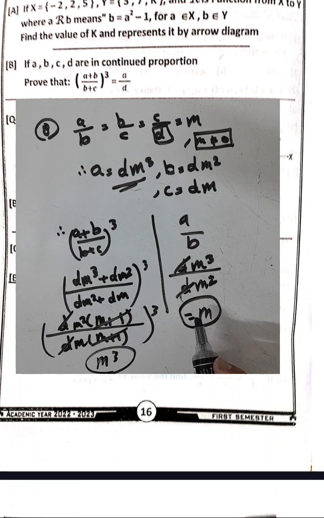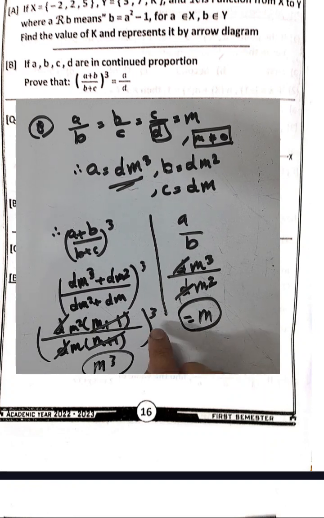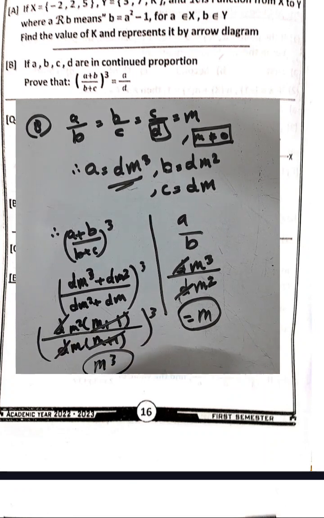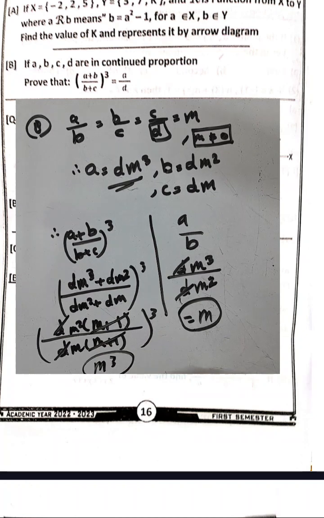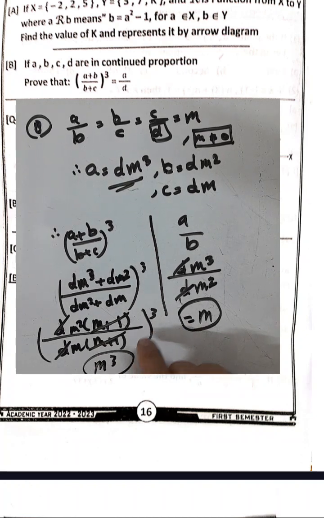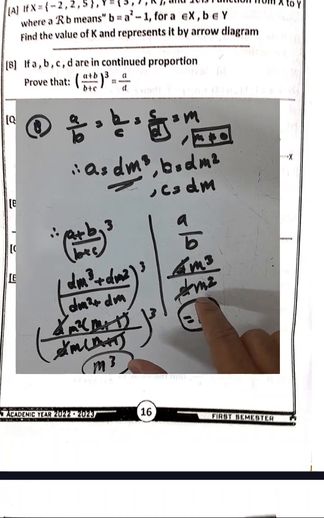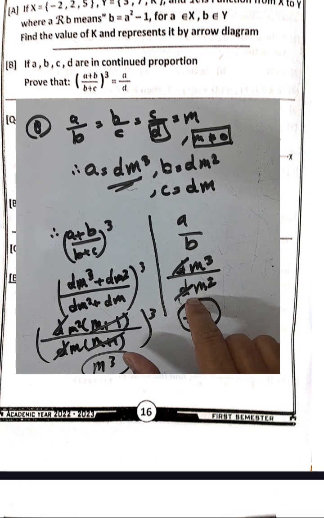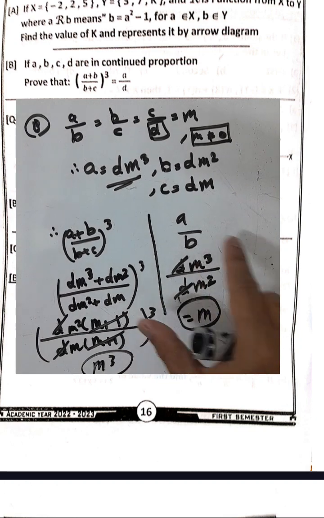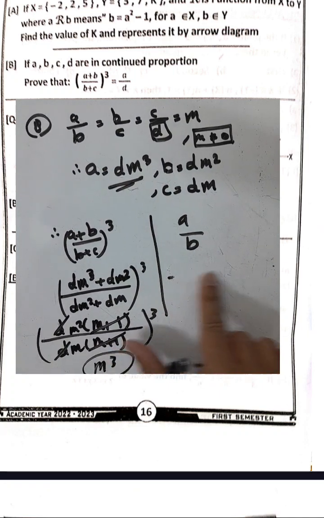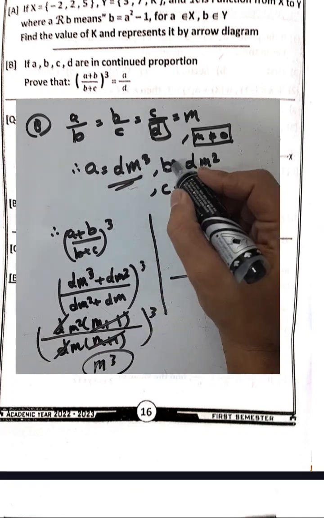Okay, m power 2 here divided by m equal m power 3, and here we have it was d. Sorry again, this was b, not d.